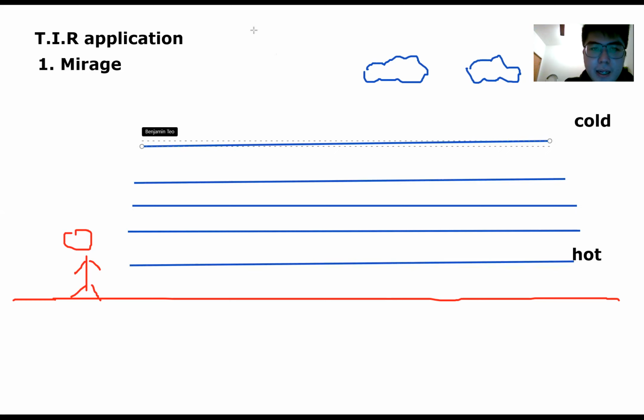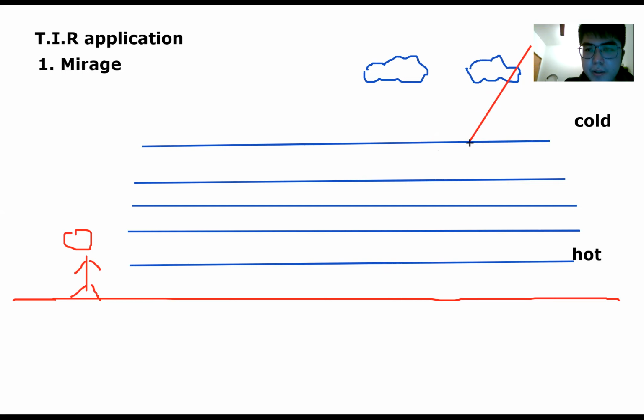So as the light comes from the cloud, from the sun, it enters our atmosphere. Because of the different layers of air temperature, the light is going to be refracted. Refraction will happen, because the density is different.